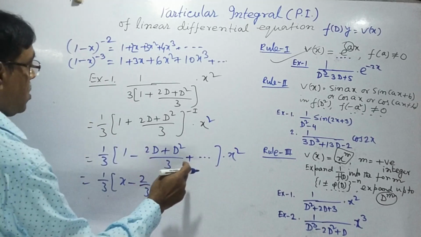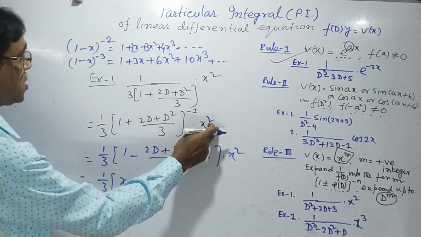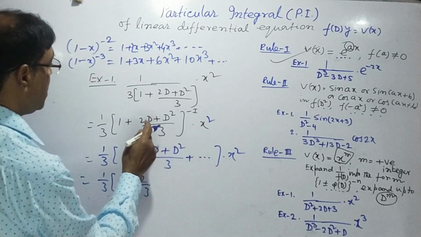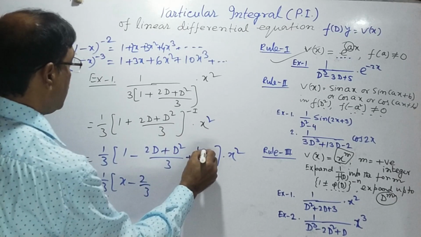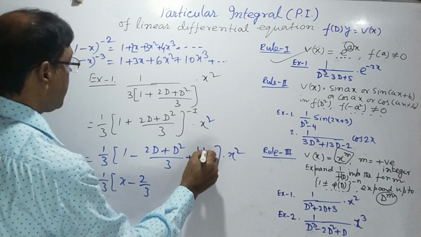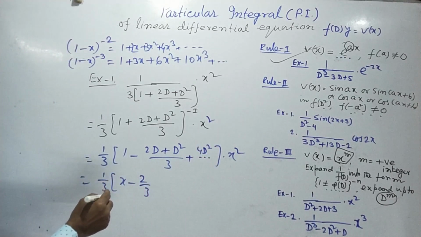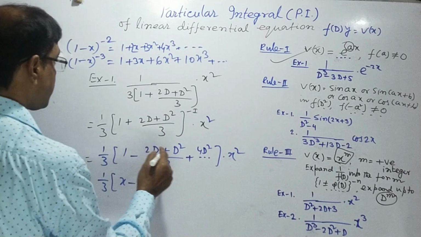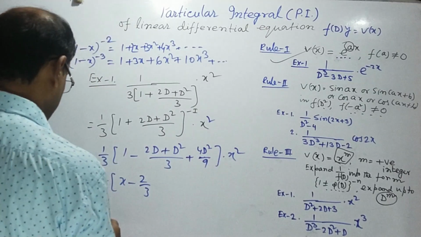Then we expand another term, since the power is x square. Now the next term is this square, that is 4 D square by 9, 4 D square by 9.